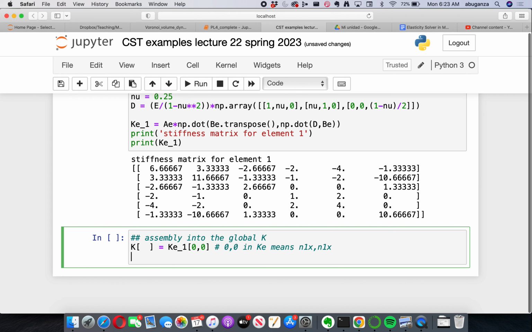And then I can put that here, n1x, n1x. And then the second one, if I do 0, 1, that will be n1x, n1y.